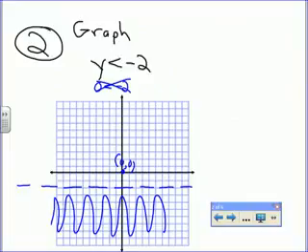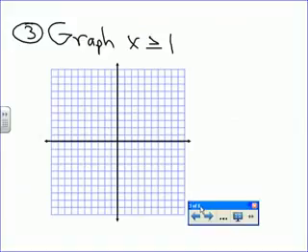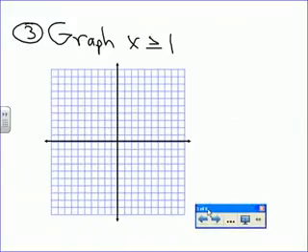So you put in a test point. If the test point works, you shade that part. If it doesn't work, you shade the other part. Okay. This would be a solid line. And how will this one go? Vertical, good. So vertical at x equals 1. I'll put my arrows on there.